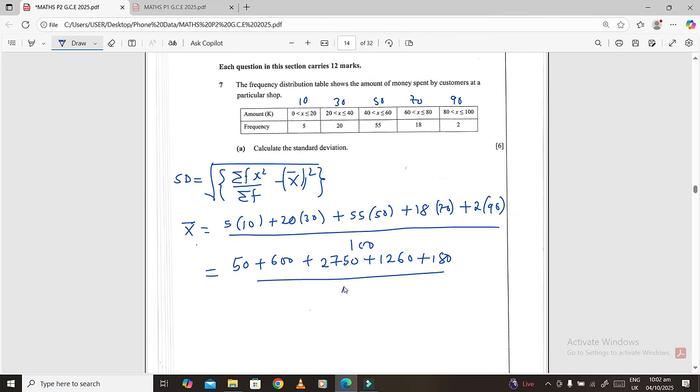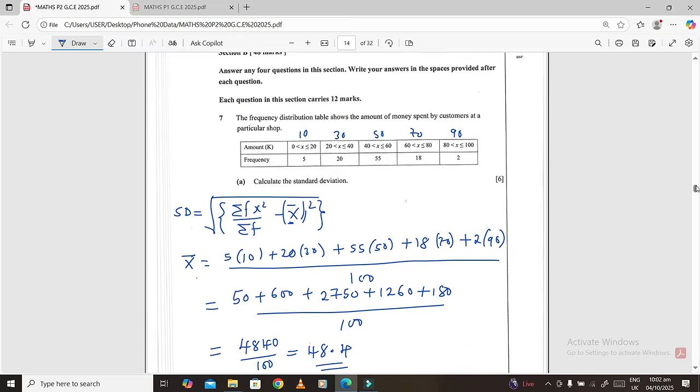And everything over 100. So 50 plus 600 plus 2750 plus 1260 plus 180, this of course is giving us 4840 over 100. So when we divide, it's giving us 48.4. That's the mean. We found what we are supposed to put here in our formula.